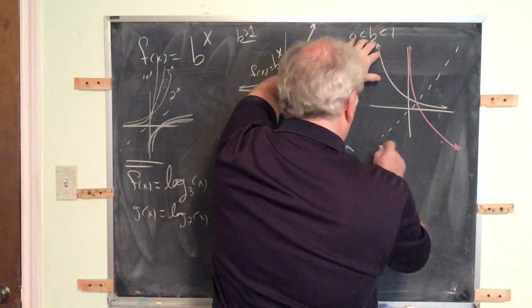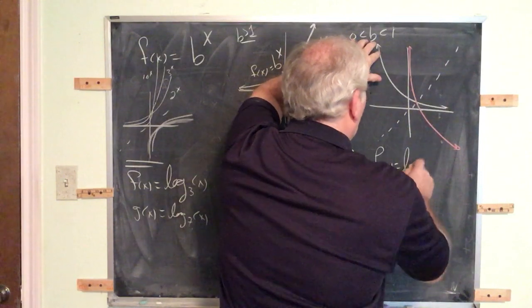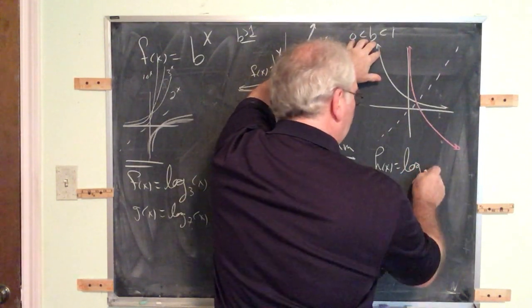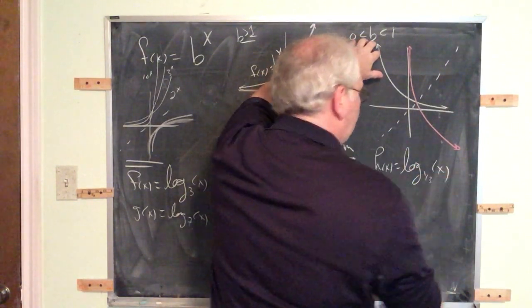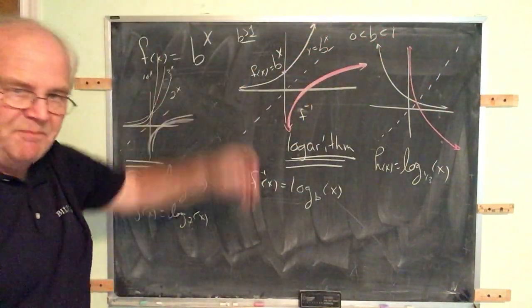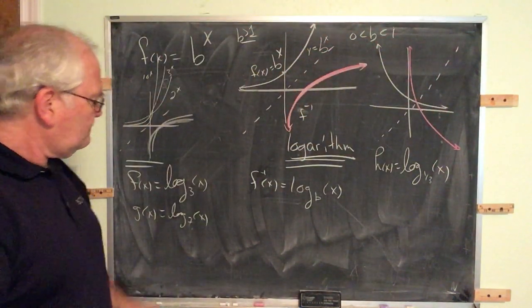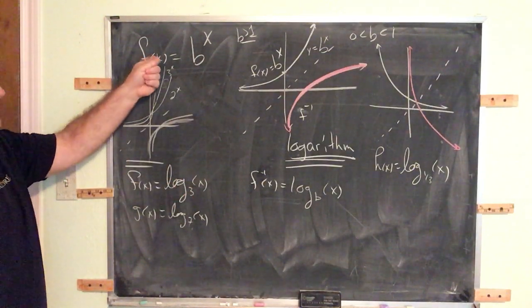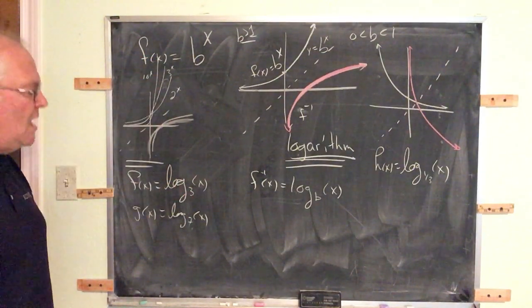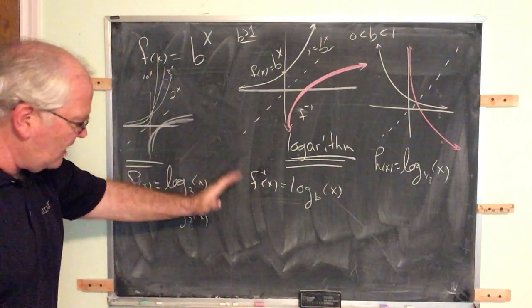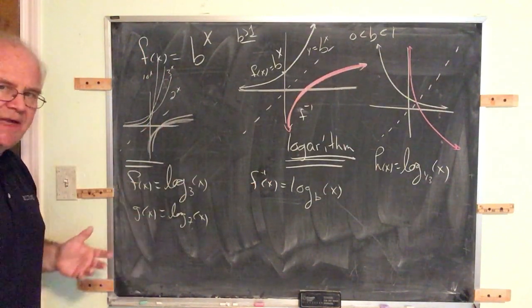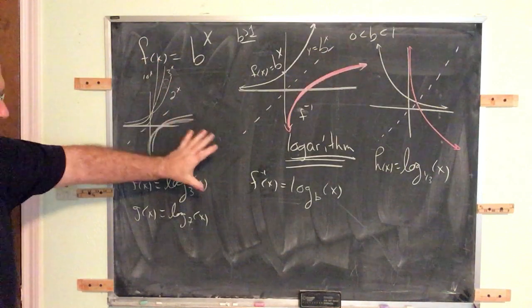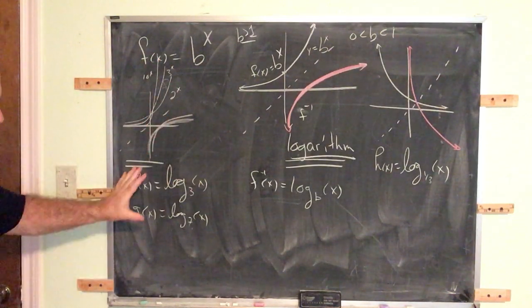You could have h of x be log base 1/3 of x. No one ever does that, but if you wanted to, that'd be wonderful. So the base simply tells you which specific exponential function you started with. We'll look into how these relate to each other and the computations you need to do. But for now, that's just the familiarity with the symbols, the notation.